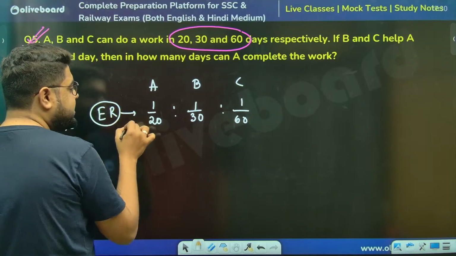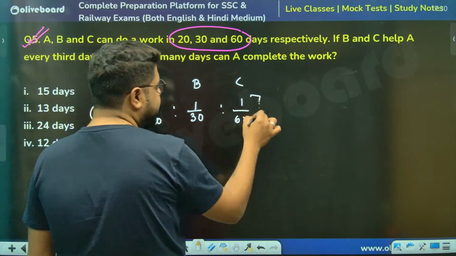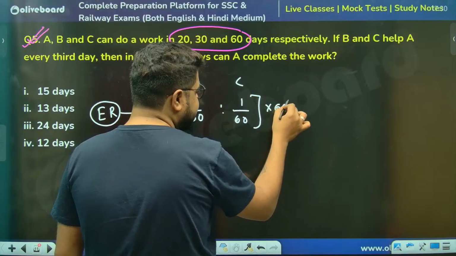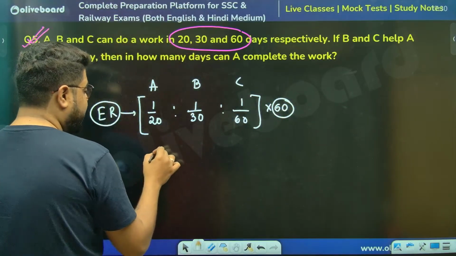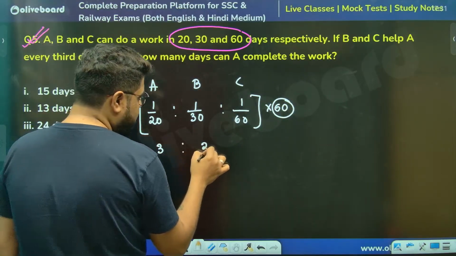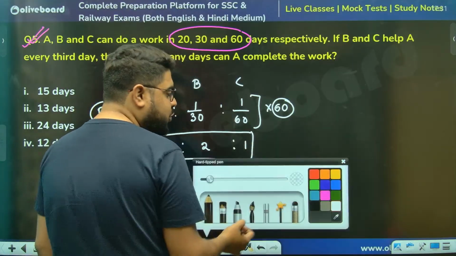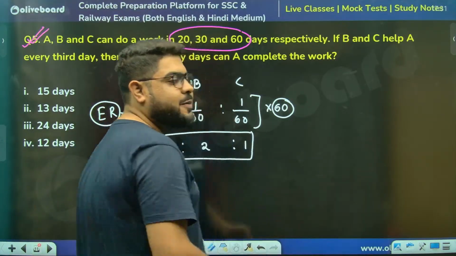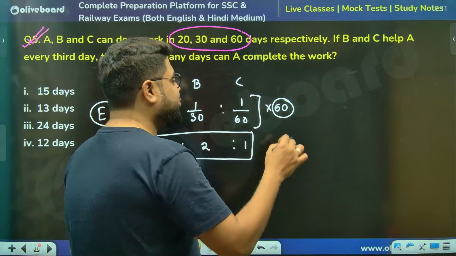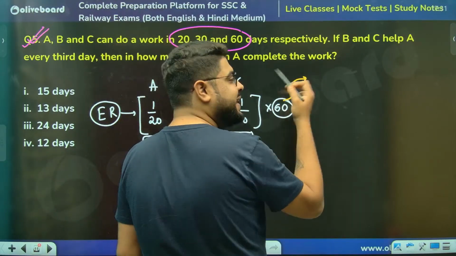Sir, how to multiply? We will be multiplying this with 60 because 60 is the LCM. So if I do that, it is 3, 2, 1. Now, those who have learned this method from me will say, sir, shortcut is that this LCM is the total work.